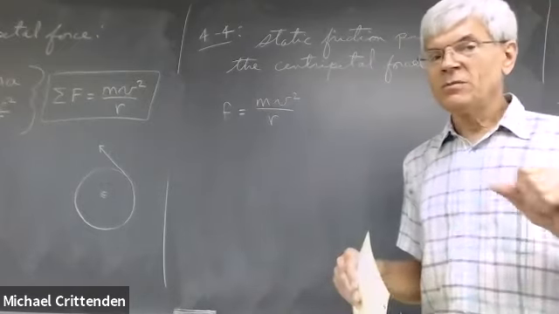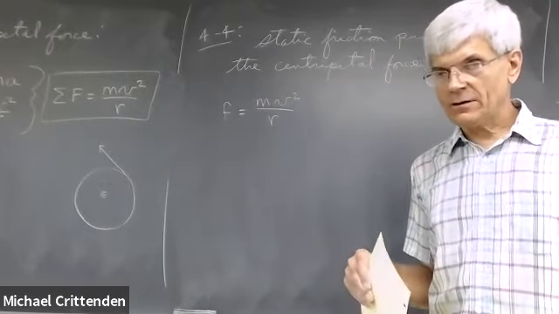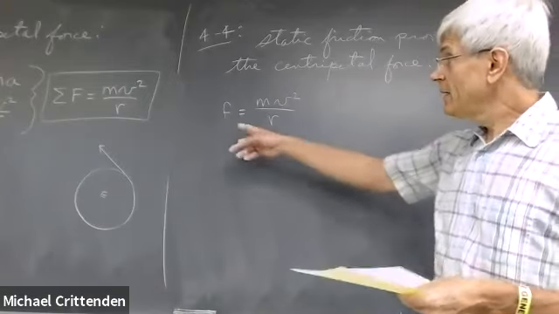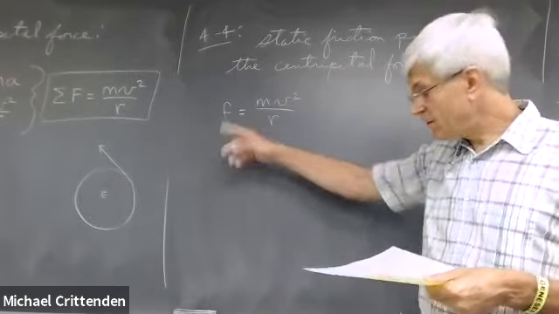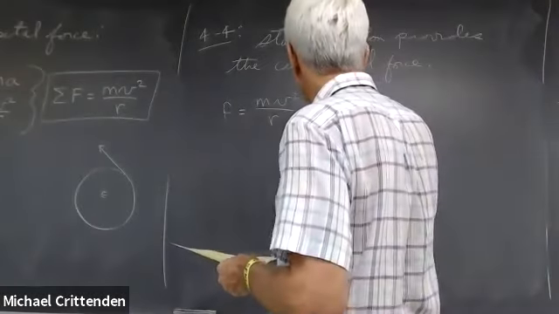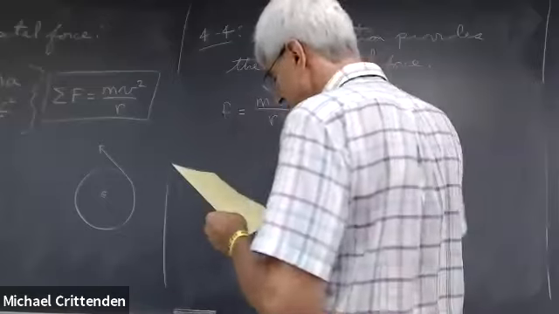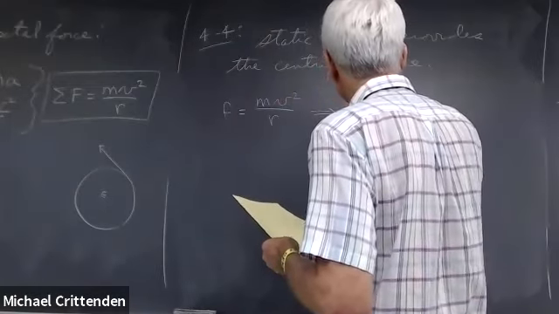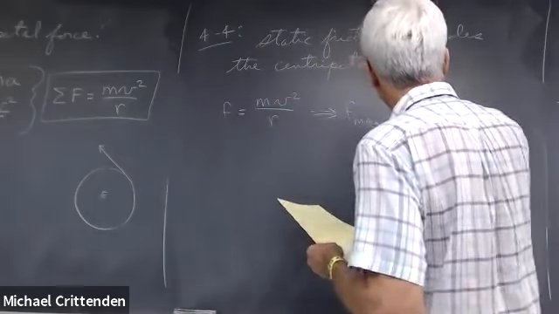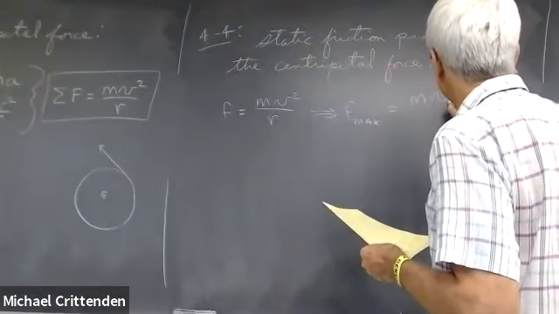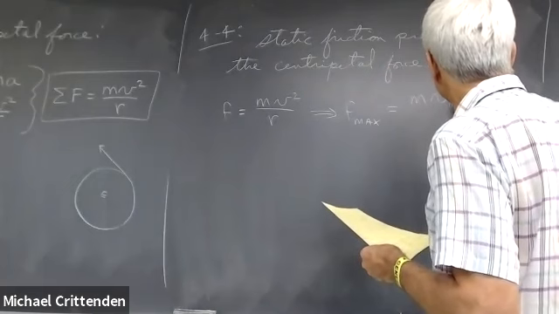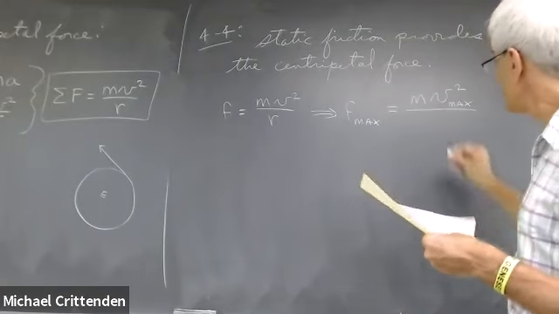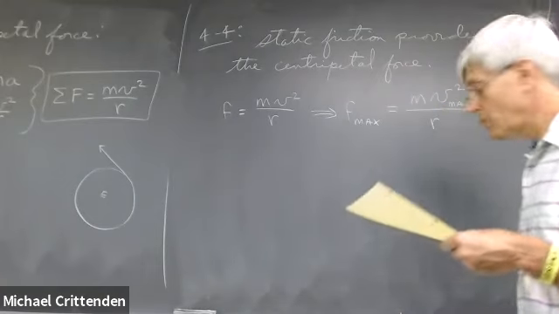Without skidding means the tires are not sliding across the pavement. And the maximum speed where you can do that is where friction would be at its maximum value. So that implies that F max is equal to the mass times V max, the maximum speed that you ought to be driving on this curve, squared over R.